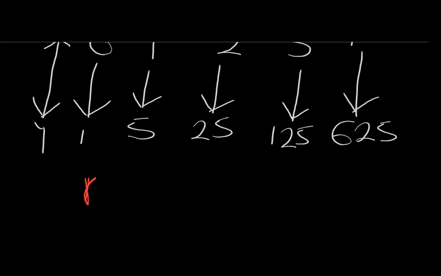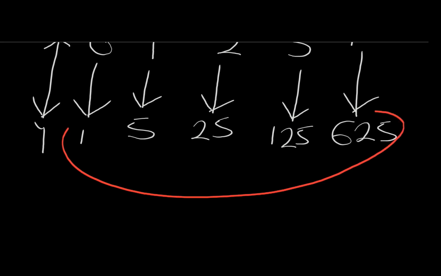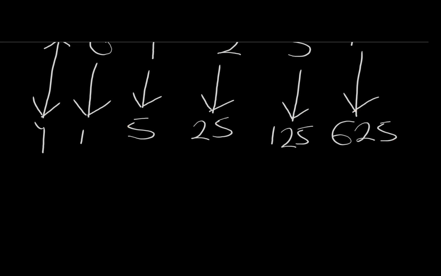Okay, so looking at the codomain, the first term is 1, the second term is 5, the third term is 25, the fourth term is 125, and then the fifth term is 625. So to get the common ratio r, we have to divide each term by its preceding term.